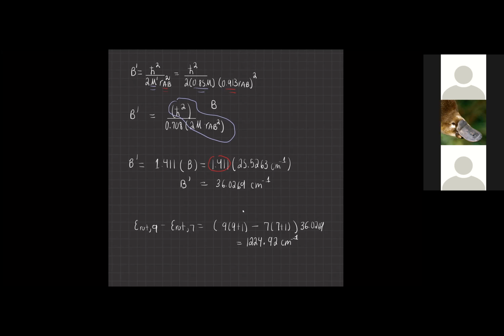Oh, it's 1 over 0.708. Right, okay, that makes sense. So dividing by 0.708 or multiplying by 1.411 is the same thing. Yeah, exactly. You can write it over 0.708, but I just simplified it because why not? Okay.